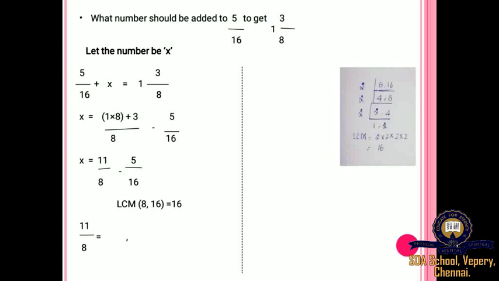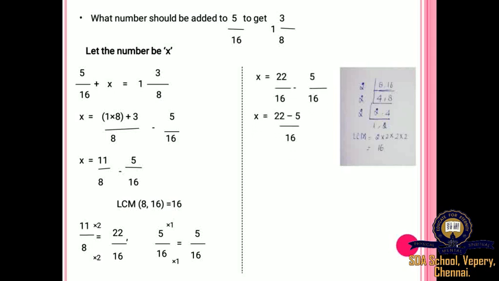So 11 by 8 is equal to, we are multiplying it by 2, so we get 22 by 16. 5 by 16. 16 divided by 16 is equal to 1. So we need to multiply by 1. So it is equal to 5 by 16. Now we have obtained the like fractions. So now we will subtract. So x is equal to 22 minus 5 by 16. So x is equal to 17 by 16.